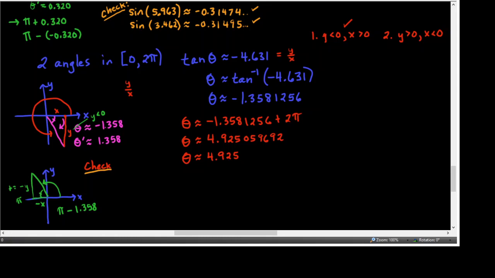So now that I've got that, I'm going to think, oh wait, but if I retyped tangent inverse of negative 4.631, if I retype this to get this, the answer in my calculator is negative. So to get this other angle, it's already negative, so I'm going to leave it alone.